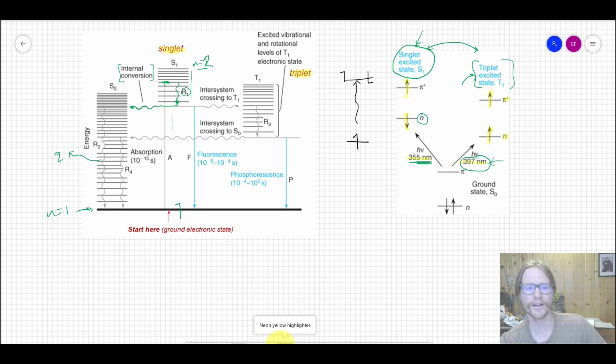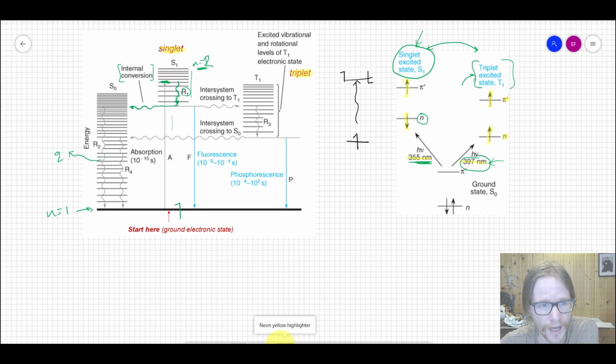Okay, another type of transition that can occur is one that you're all familiar with, but maybe you never thought about it. So you have your first excitation, which means it ends up somewhere up here in the n equals 2 electronic state, but also it's in a higher vibrational state, just like we said before. And then it goes through this R1 relaxation. So it releases a little bit of its original energy in the form of heat.